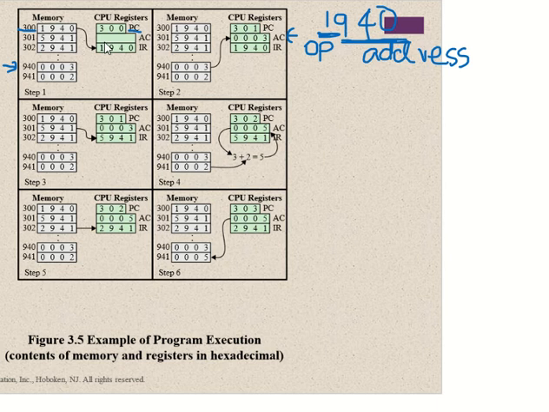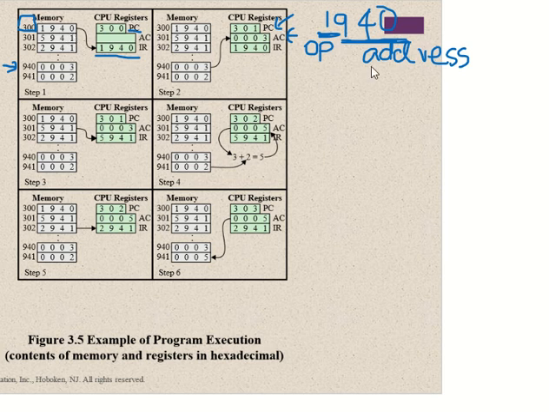So the instruction is loaded onto the IR and PC contains the address. In step 2, the PC is incremented automatically. It was 300, now it is 301, and IR contains the instruction currently in execution.